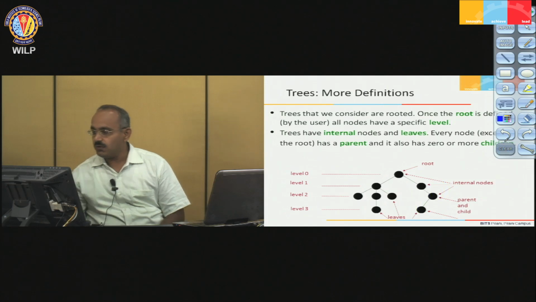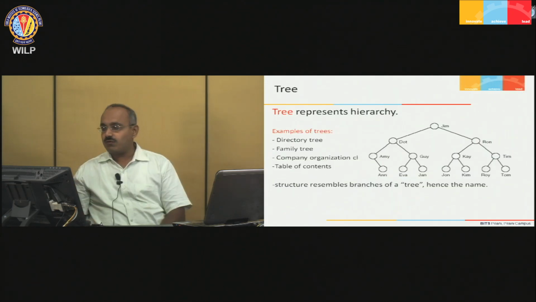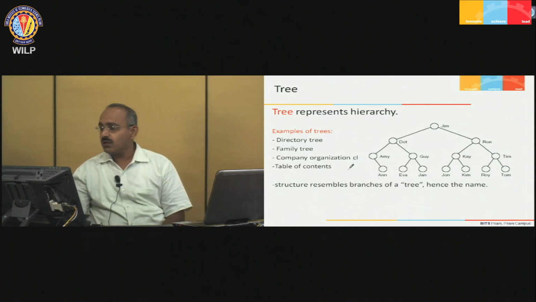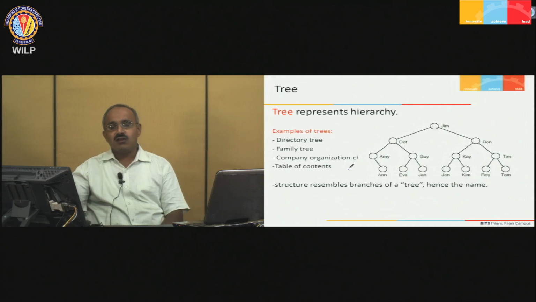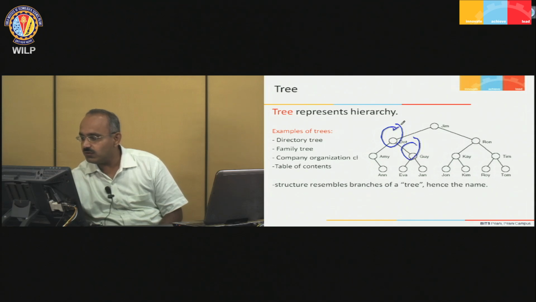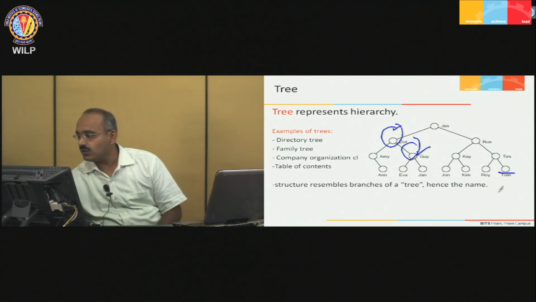So if I look at my previous example of the family tree, and if I look at this relationship between the two nodes, then we know in the family tree the relationship is of a parent and a child. So if something is above something in a family tree, then we say this node is a parent of this particular node. Or if I look at this, we will say that this node is a child of this particular node.